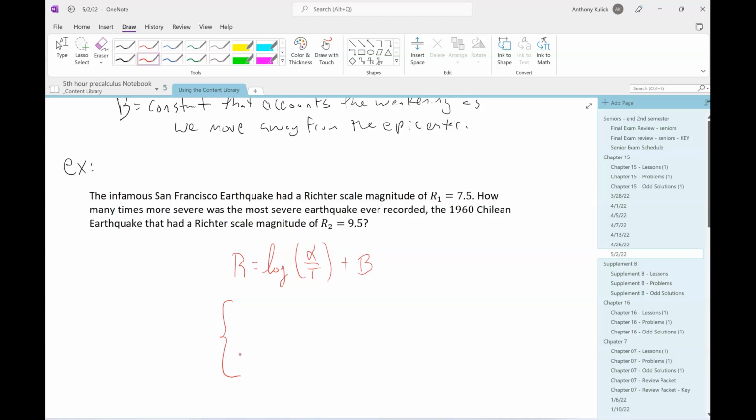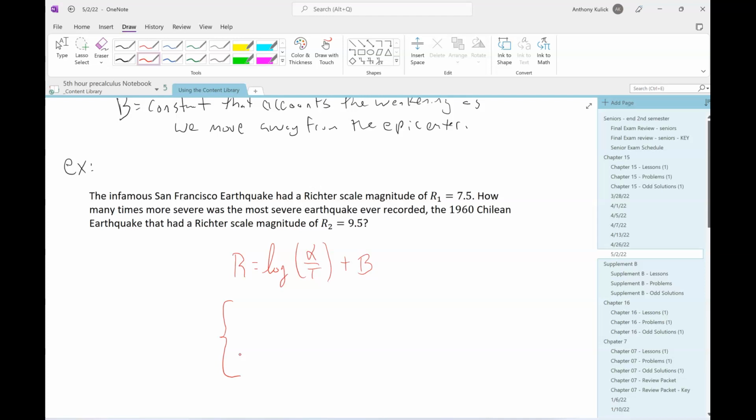Yes, sir. Well, these rules that you're saying right now, the things that we can infer, is that going to happen every time you compare two things? Yeah, these would be fair assumptions to make if you're ever comparing two earthquakes, if you're talking about how much more intense one was than the other.